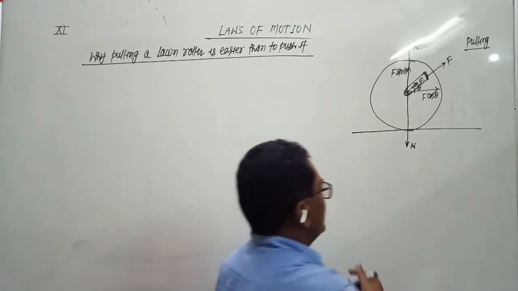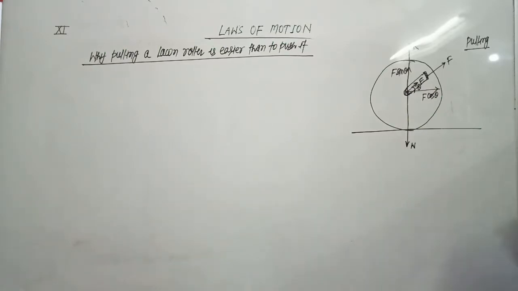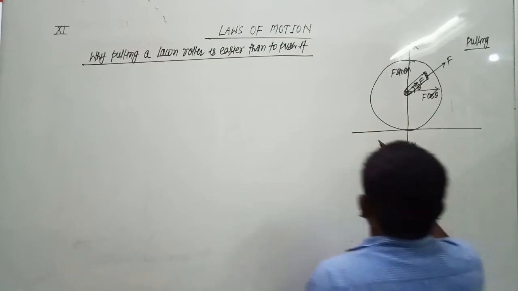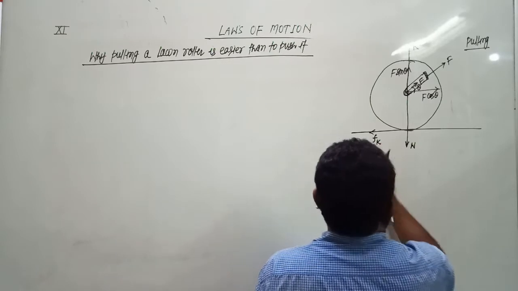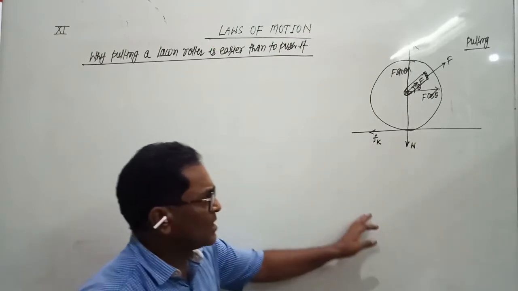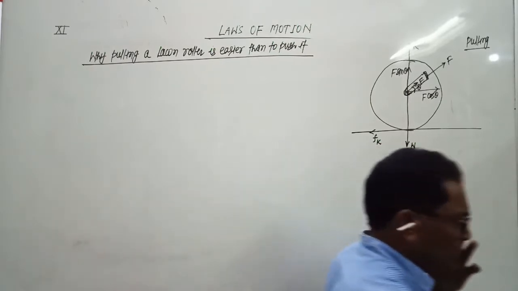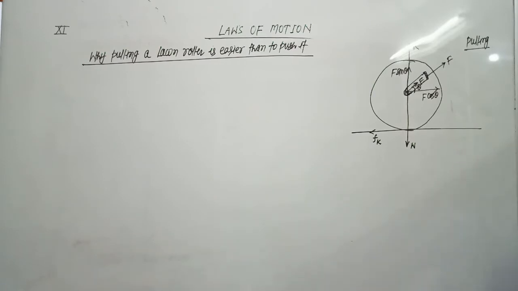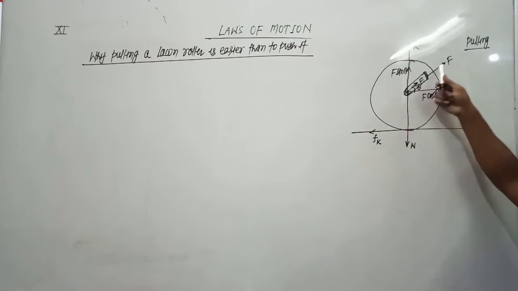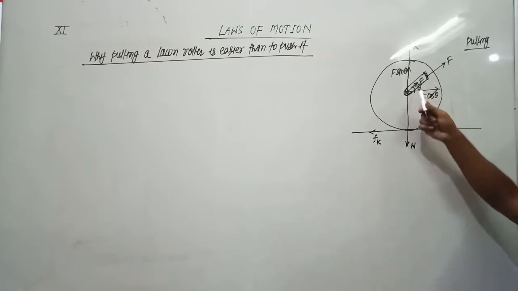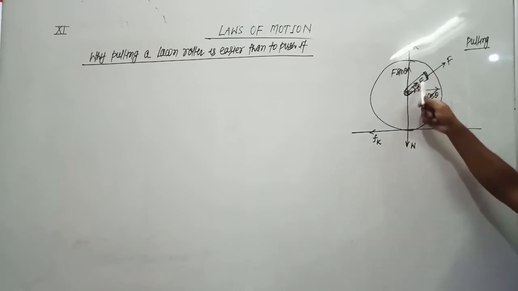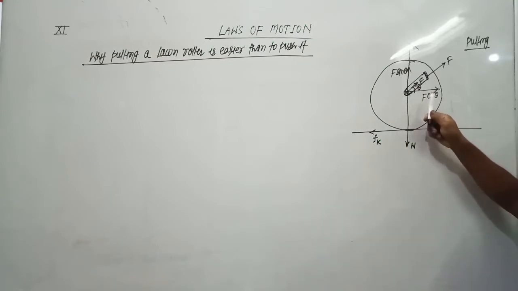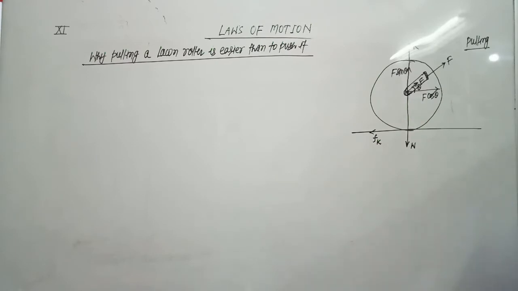Since the roller is pulled in forward direction, the kinetic force of friction, Fk, acts in the backward direction.